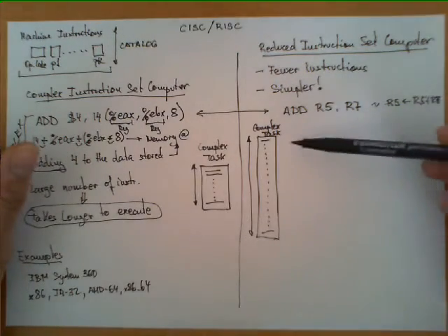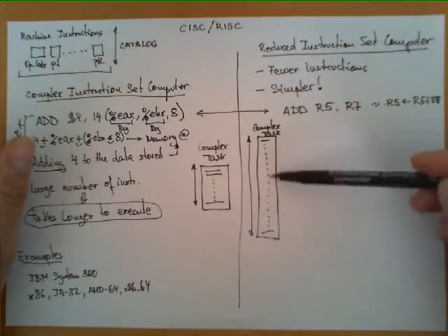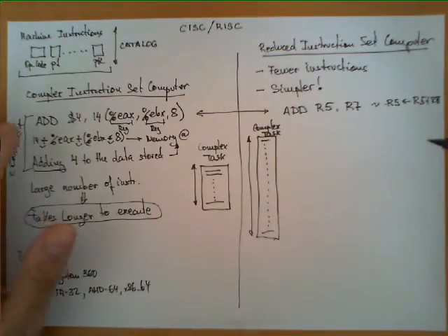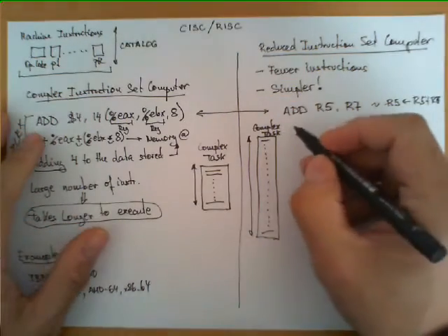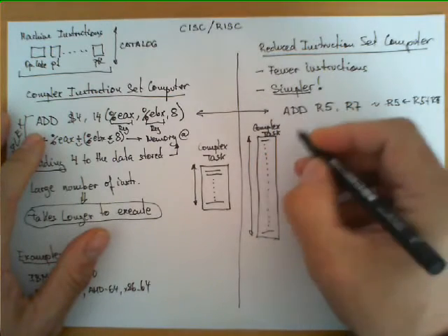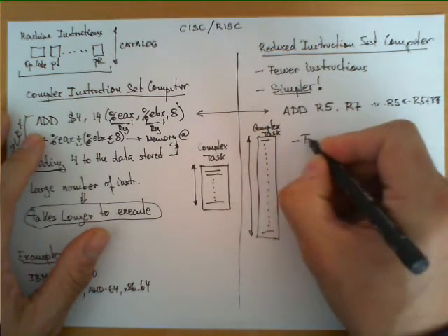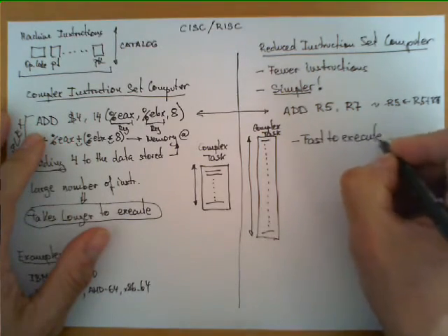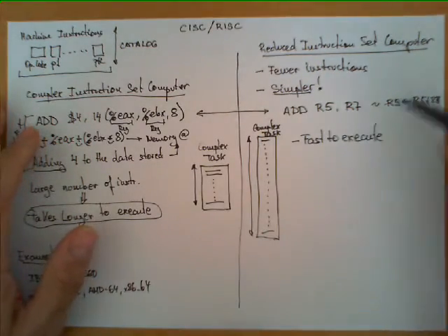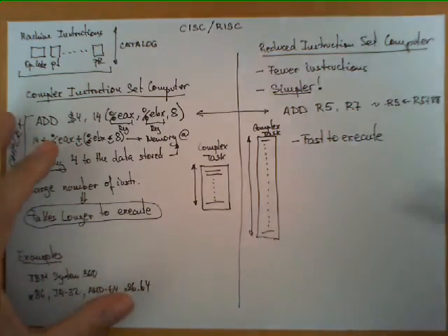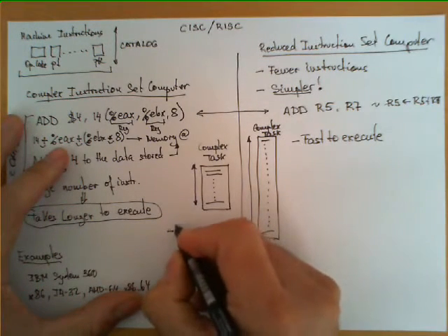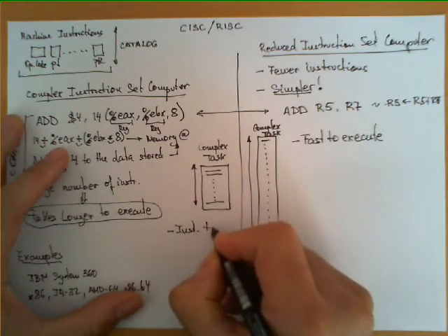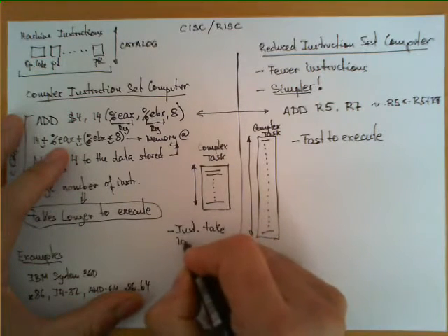However, even though we might think that this is worse because we're using many more instructions, there is also another interesting trade-off. If my instructions are simpler, they are also faster to execute. Why? Well, because the type of operations that we're doing here is very simple. Whereas in here, instructions in general take longer to execute.